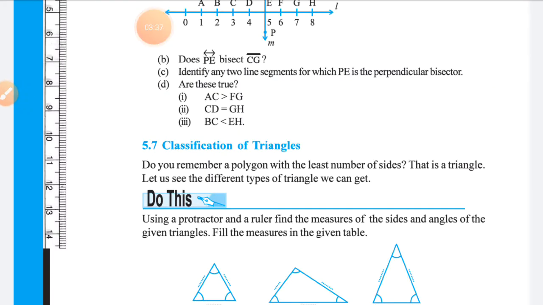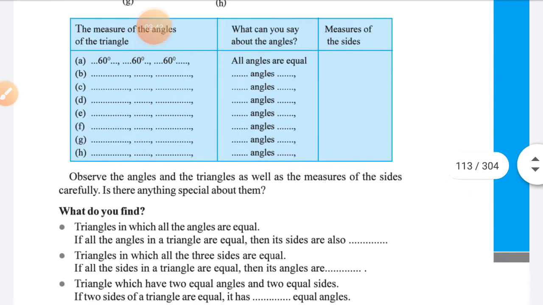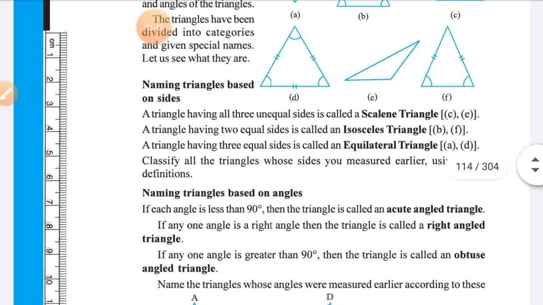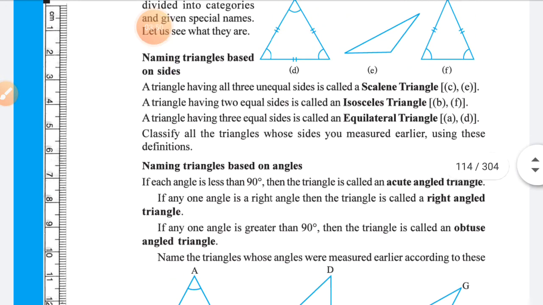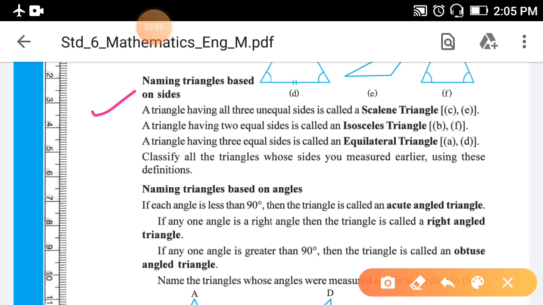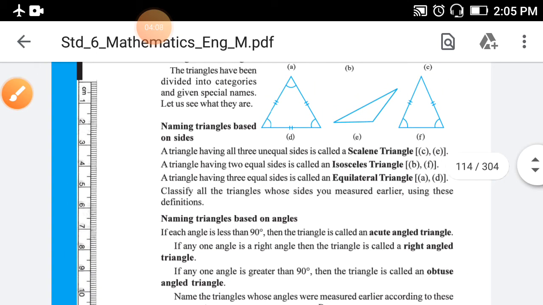Okay. Now let's see classification of triangles. How to classify triangles? You can classify triangles based on sides, and second, based on angles. First one, a triangle having all 3 unequal sides is called a scalene triangle.